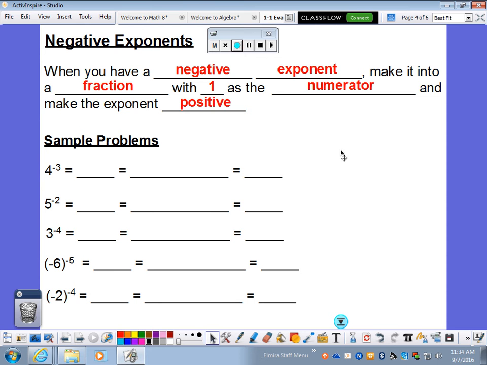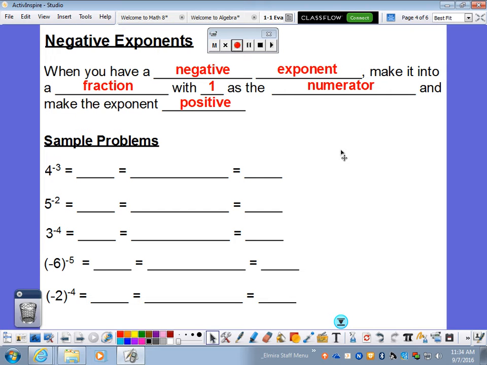A negative exponent does not make things negative. If a positive exponent means multiply by something a bunch of times, a negative exponent means to divide by something a bunch of times. Okay?